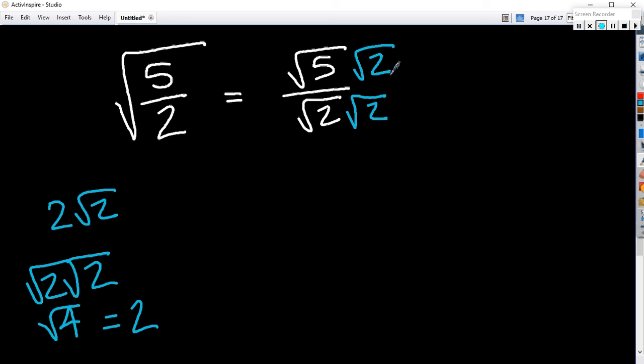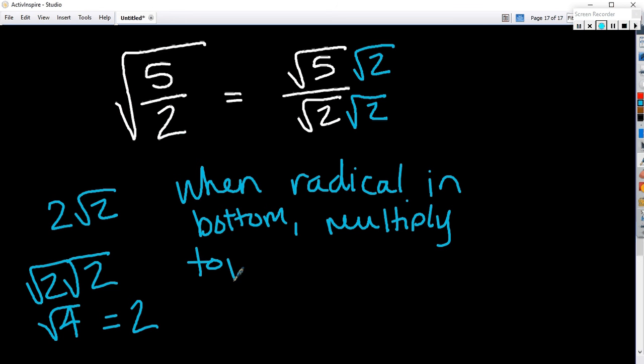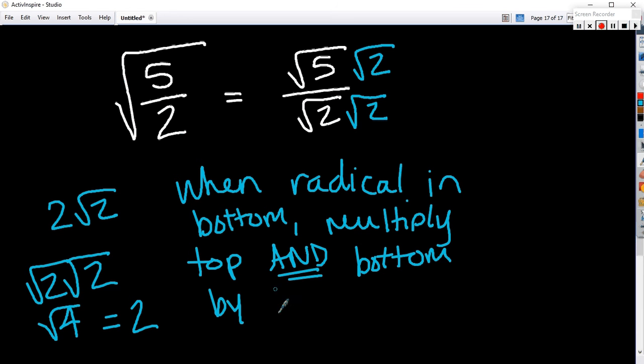So when you have a radical in the bottom, we multiply the top and bottom by that radical. So, like you said, the bottom you could just write 2 because that's what's left.